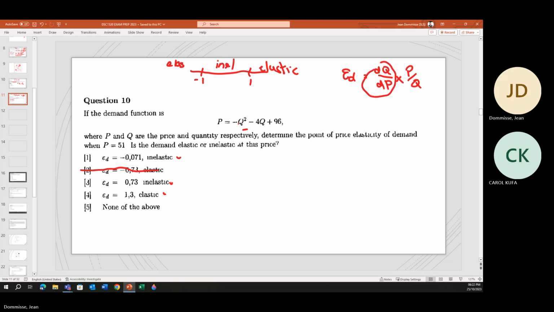So the derivative will be minus 2q minus 4. That is that part, but then do they tell us?